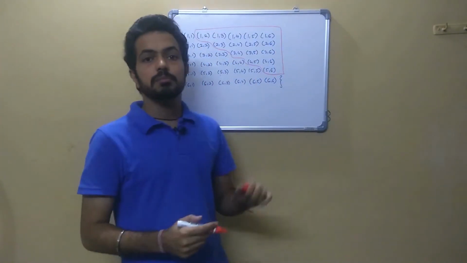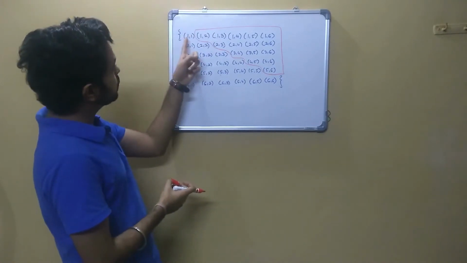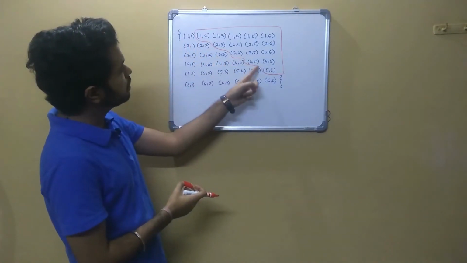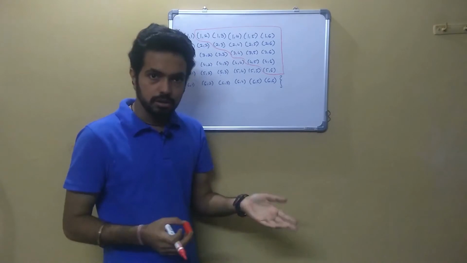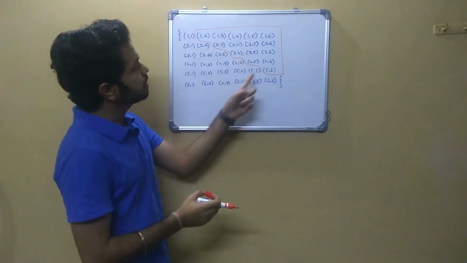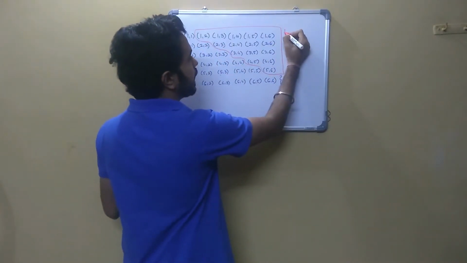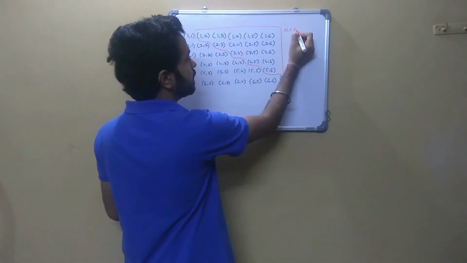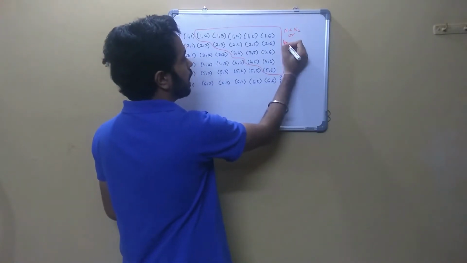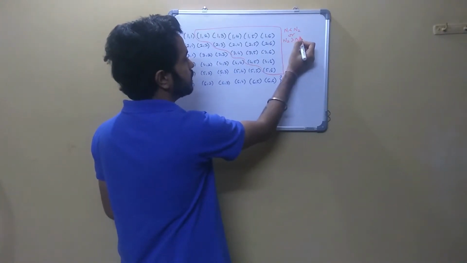If you look at these numbers, you can tell me that here the first number is smaller than the second number, or the second number is greater than the first number. So I can say n1 is less than n2, or n2 is greater than n1.